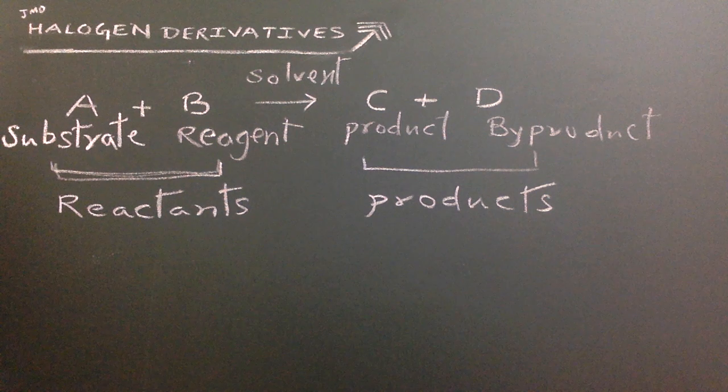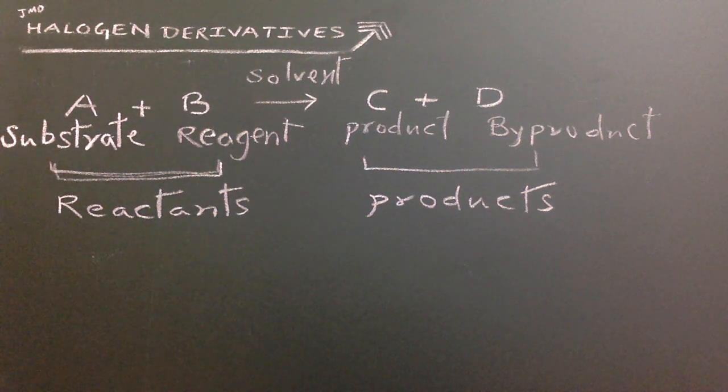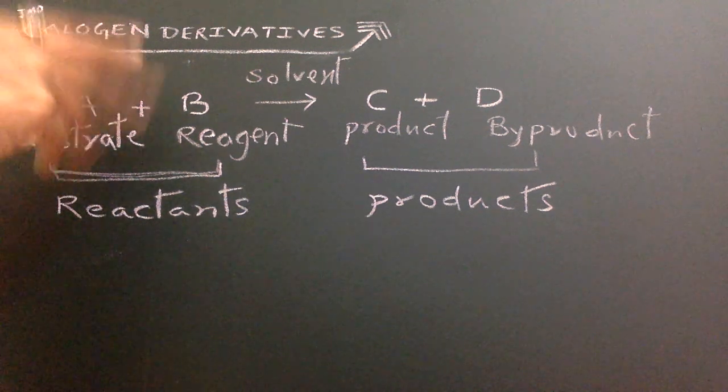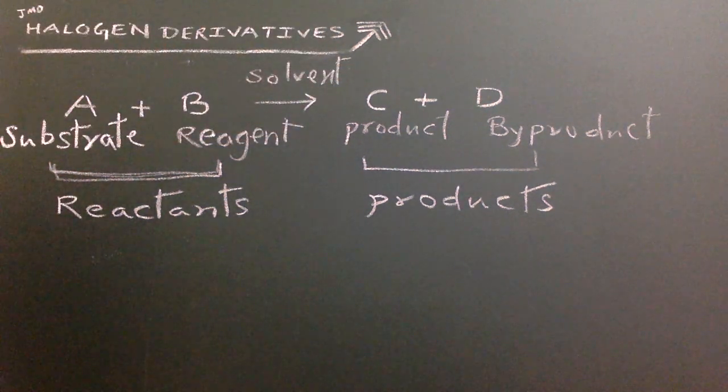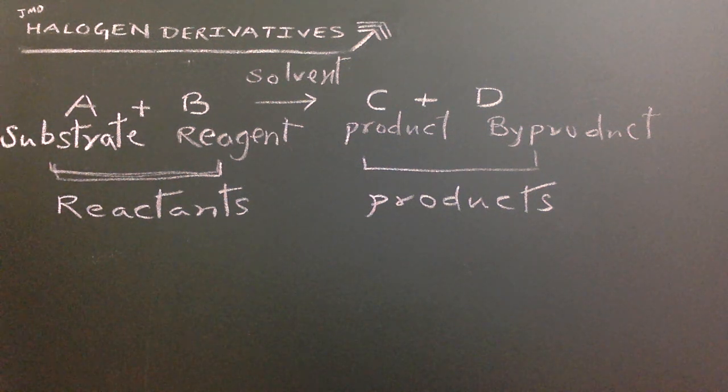Now, a reaction where A and B react to give C and D generally belongs to the category of substitution reactions. But if C has some pi bond in it, which is formed due to breaking of two sigma bonds, then such a reaction is called an elimination reaction.